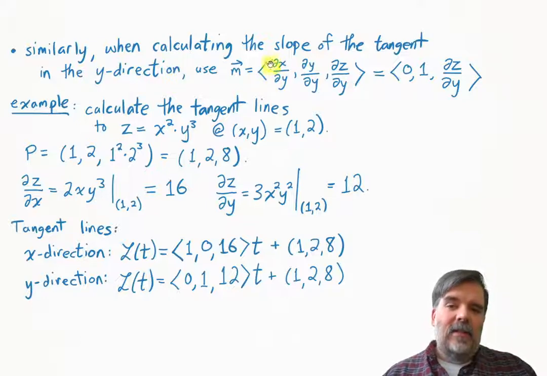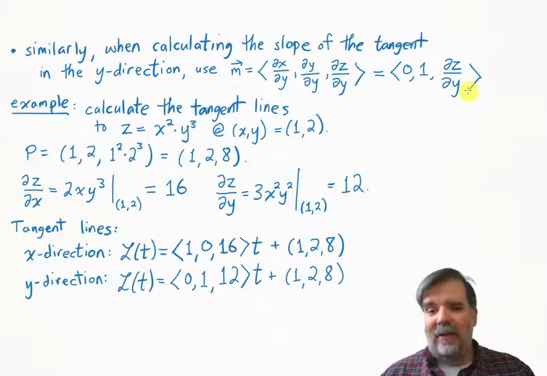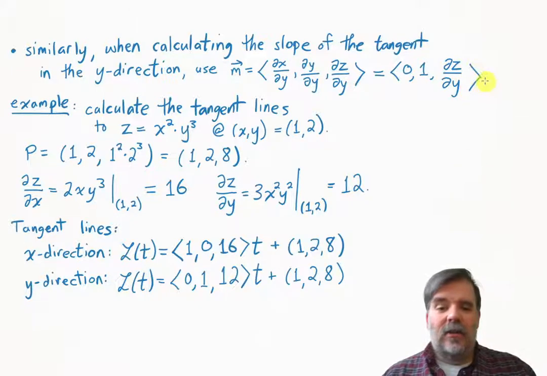Therefore, dx/dy is equal to 0, dy/dy, that ratio is 1, and dz/dy is the partial derivative that we learned how to calculate, again, in a previous lesson. And so this is how we would calculate the slope of this tangent line.